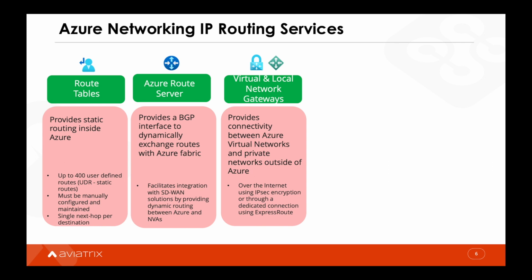If the connectivity over the public internet is enough, then we can use the VPN gateway. This gateway does connectivity using standard IPsec encryption. There's another construct called a local network gateway. It represents the on-premises device that's terminating the VPN tunnel from Azure.